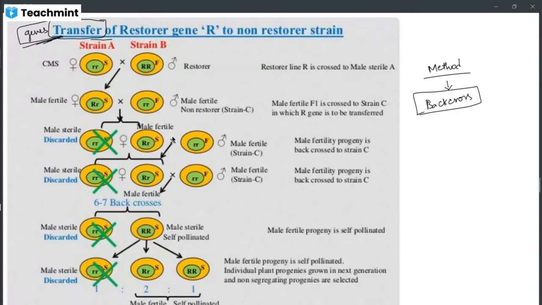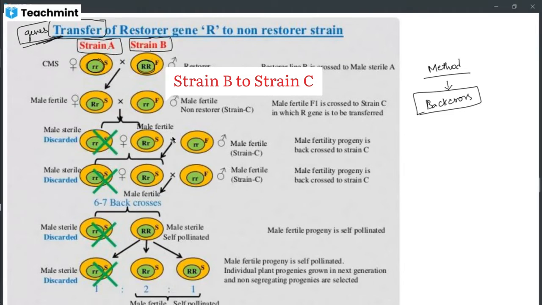So there are two strains. One is your strain A and next is your strain B. In case of your strain B, there is the restorer gene. In strain A, there is no restorer gene. So if you want to transfer this restorer gene from strain B to strain A, the method that you use is your backcross.